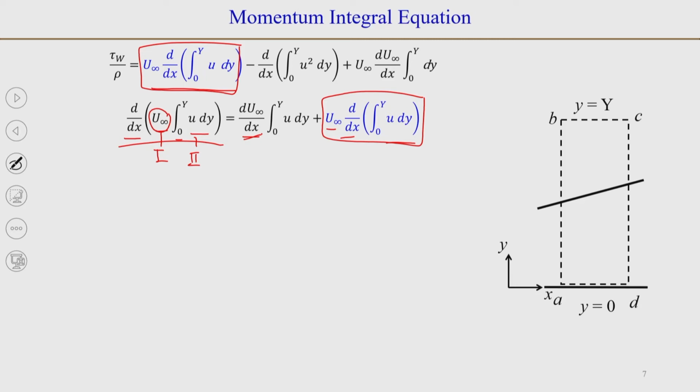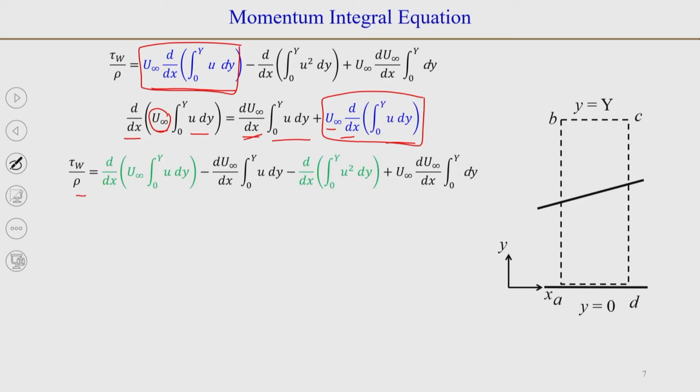So, we can replace this term and see tau w upon rho is equal to, when we replace this term by the difference of these two terms, the first term d by dx of u infinity integral 0 to y of u dy minus du infinity by dx integral 0 to y of u dy, and then the remaining two terms here, which will be minus d by dx integral 0 to y of u square dy plus u infinity du infinity by dx integral 0 to capital Y dy.